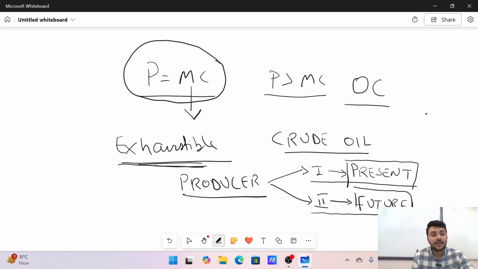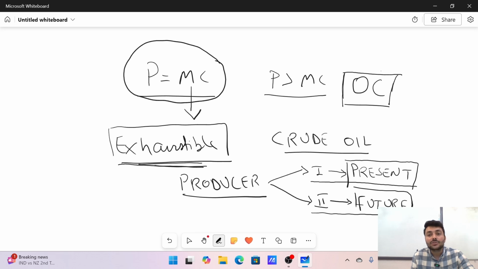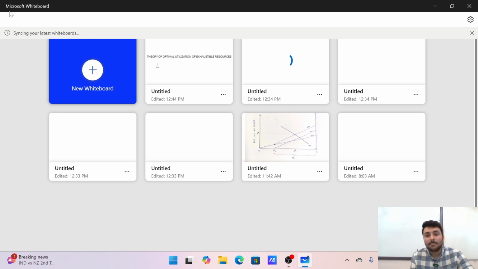I'm repeating this thing again, and this is really very important to understand this theory. In case of exhaustible resource, there is an opportunity cost associated. And what is this cost? Opportunity cost is the return which the extractor is foregoing by deciding to extract the resource today and not in the future. So let's understand this through an example.